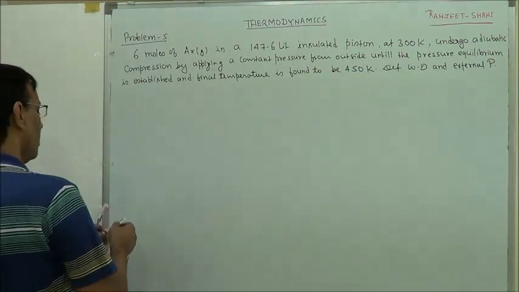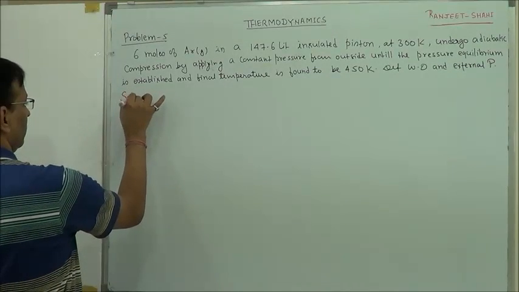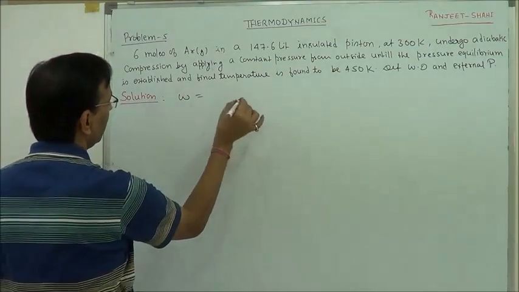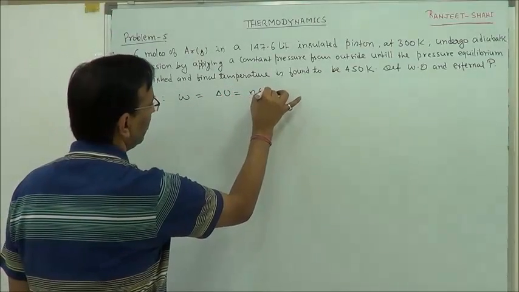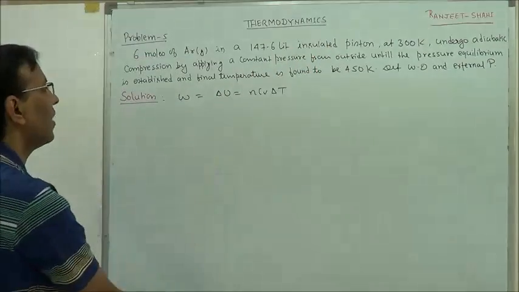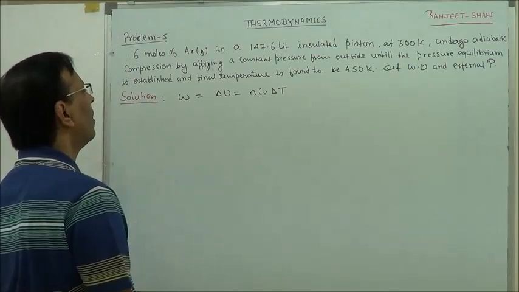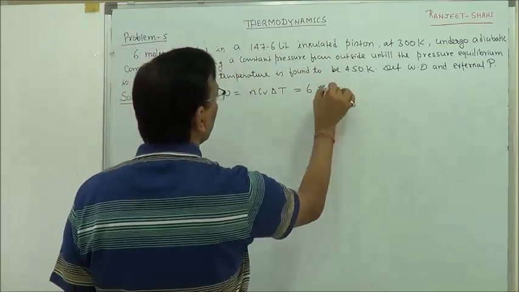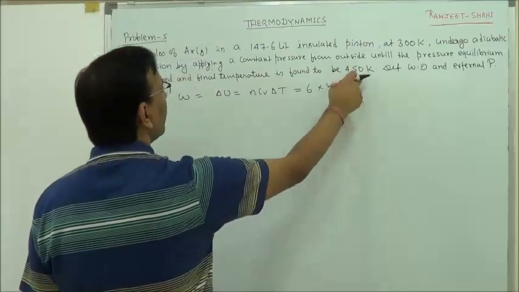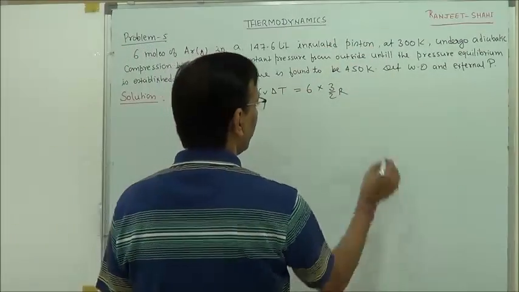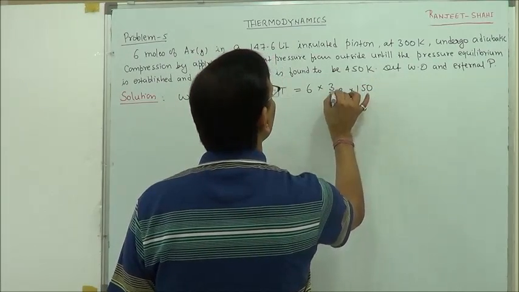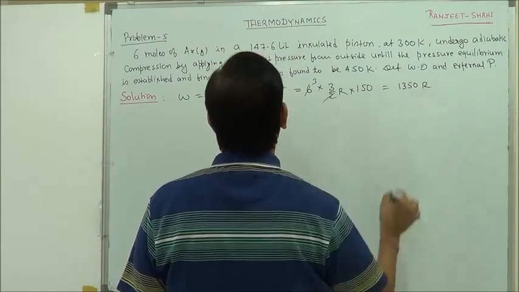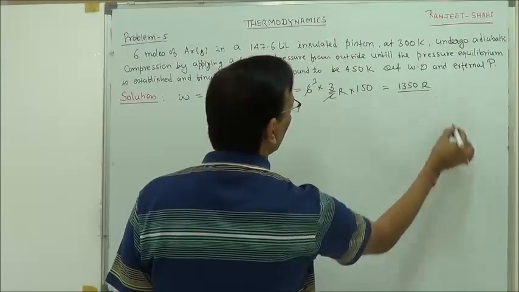So work done can be determined easily: W is delta U, which is nCV delta T. In this case, both initial and final temperature are known, so determining work done is not a big task. n is 6, CV monoatomic 3/2 R, and delta T 450 minus 300, 150. So this is the work done.